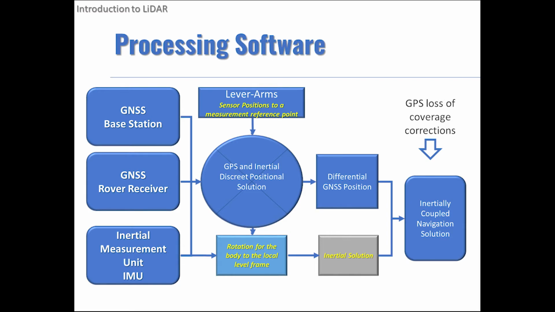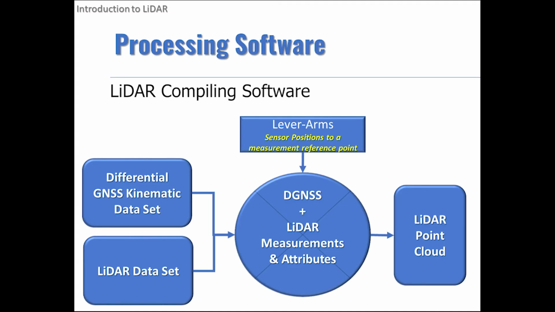All these software produce a navigation solution which can be used to determine the location of the platform in time, space, and orientation. Next, LiDAR compiler software fuses the navigation solutions with the relative distance measurements and point attribute values to produce a LiDAR point cloud.